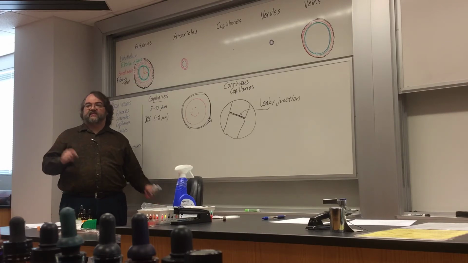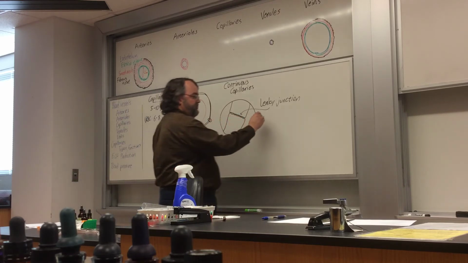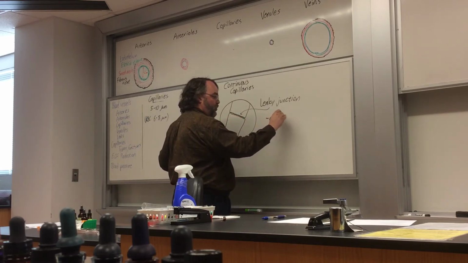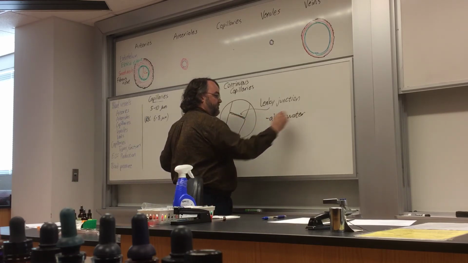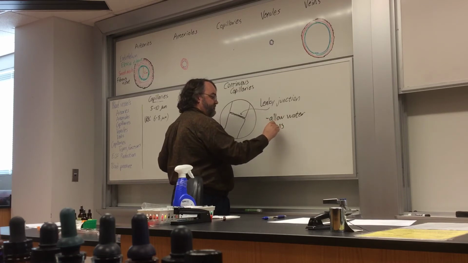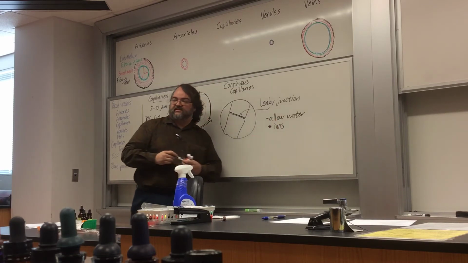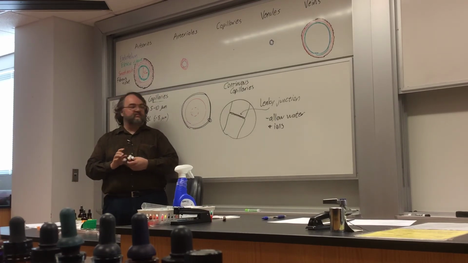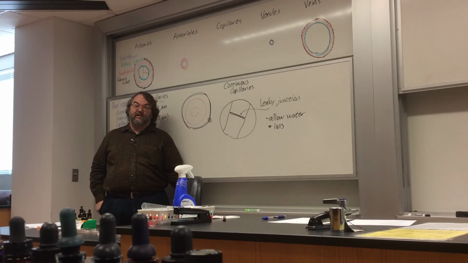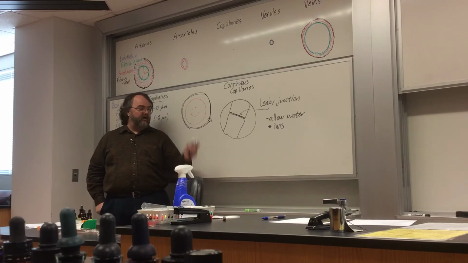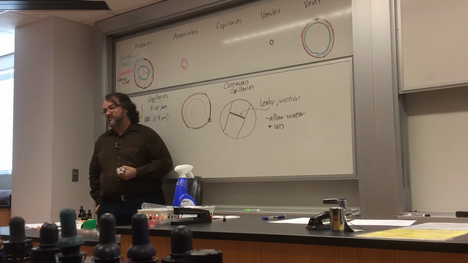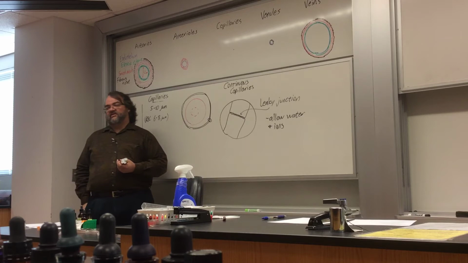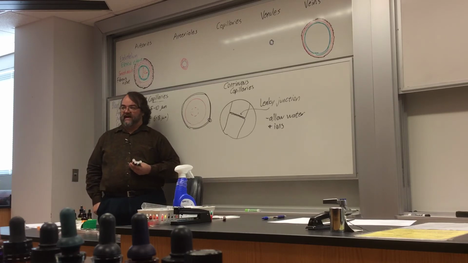It's just big enough to allow water and ions to pass through. Which means your capillaries can allow water and ions to go out or in from the blood. Not just that, but they can't directly control that.